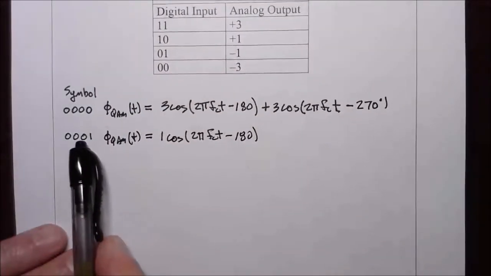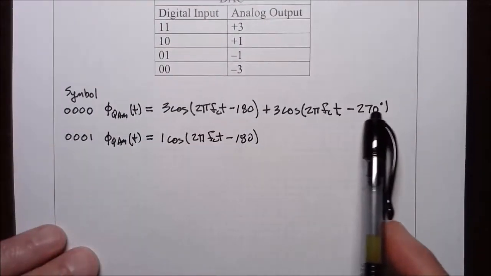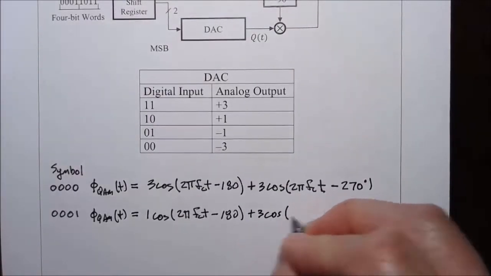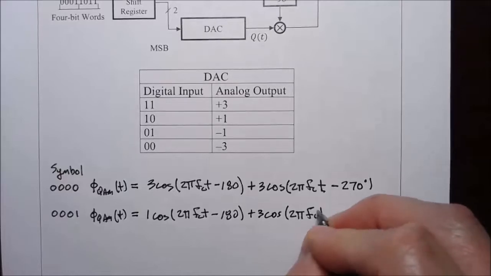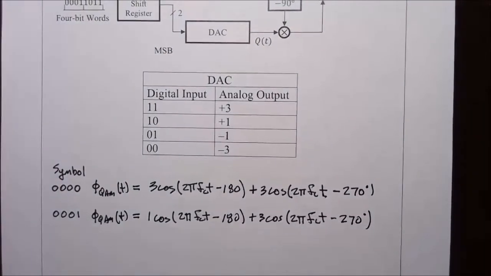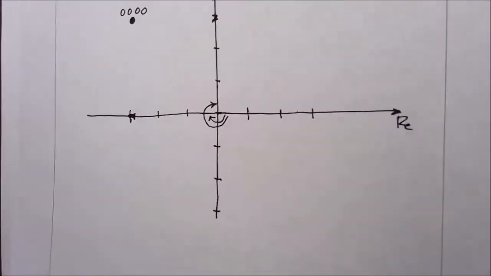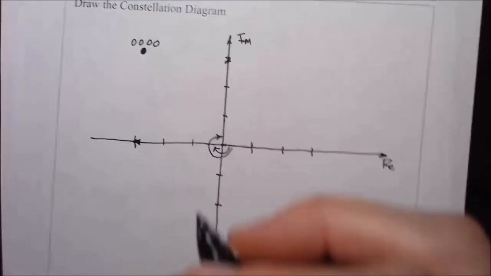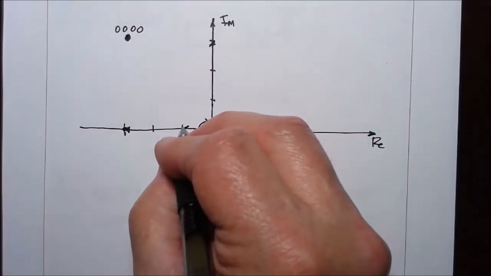And then 0, 0 maps to exactly this same signal again, plus 3 cosine 2 pi FCT minus 270 degrees. And now we plot the phasors. We have 1 with an angle of minus 180. That points to this line.